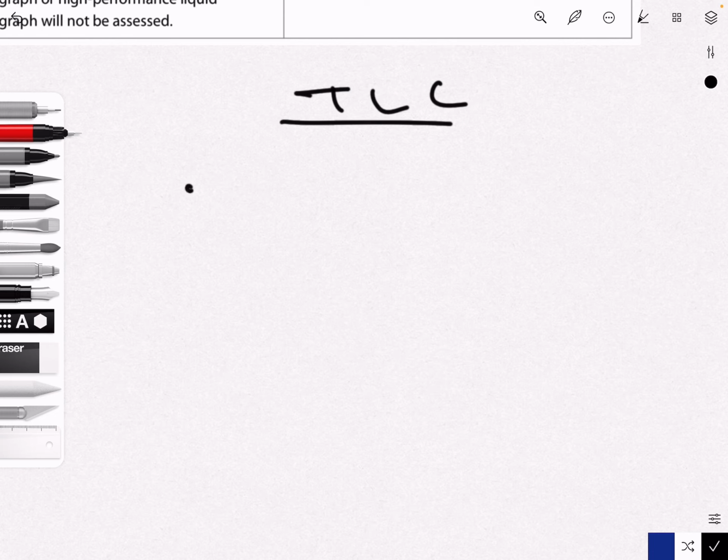So the stationary phase, or what is in a sense absorbing your mixture in TLC, will be a very thin layer of an inert substance such as silica or alumina.